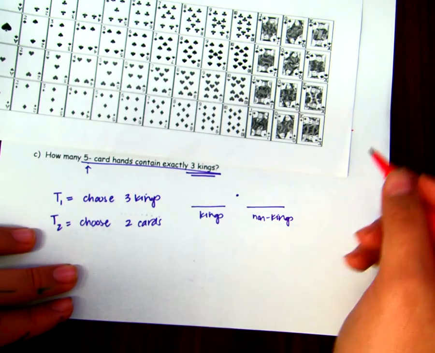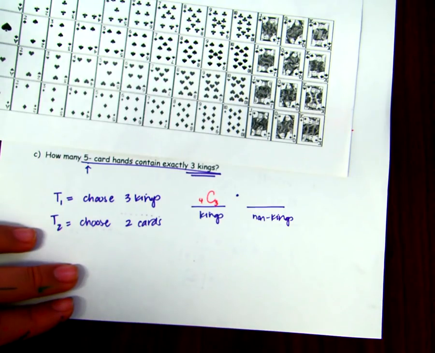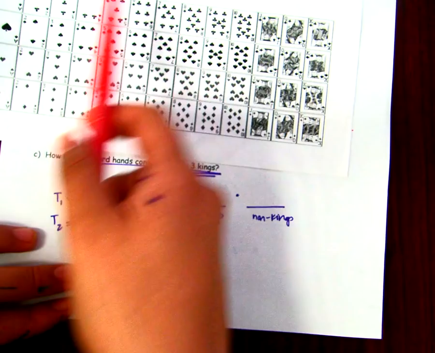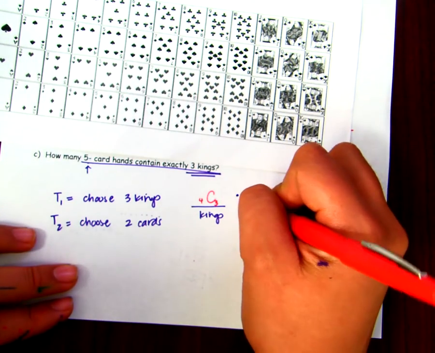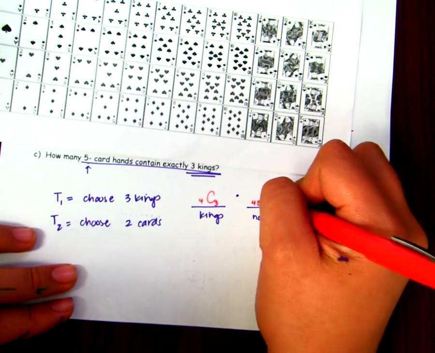So kings. We said there are 4 kings total, and I'm going to choose 3 of them. From everything else, because there are 52 cards total, 52 take away 4 would be 48. From the 48 other cards, I'm going to choose 2.